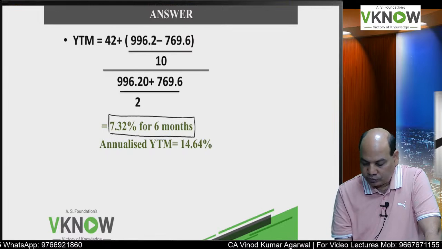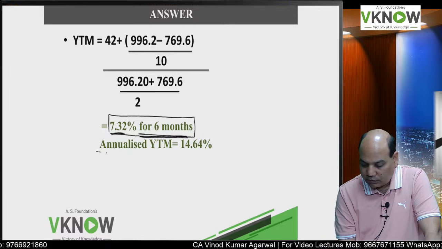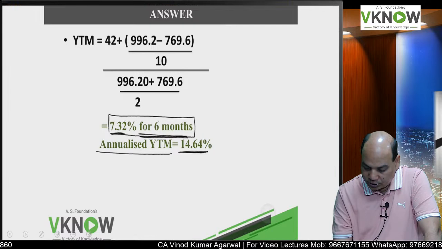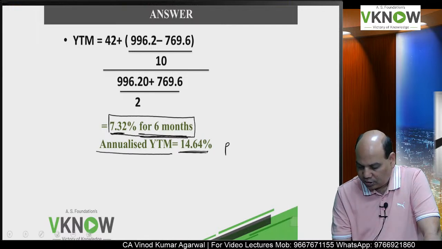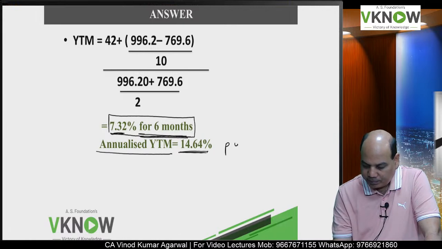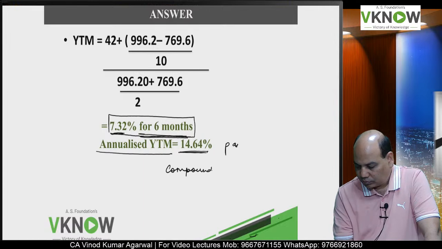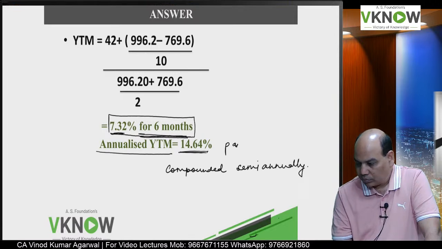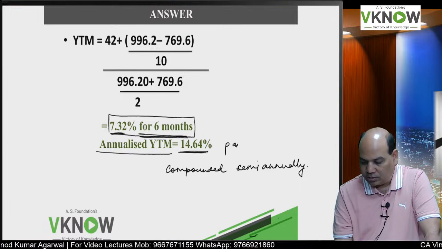So this rate of return is 7.32% for 6 months, so annualized YTM is 14.64% per annum, compounded semi-annually.